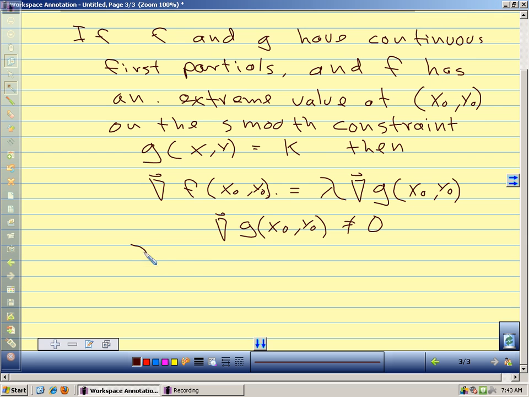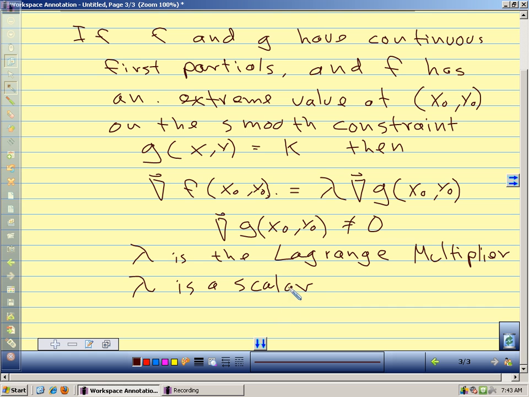We call lambda the Lagrange multiplier, and we're also saying that lambda is a scalar. So that's our theorem. Questions before we go on? Okay.